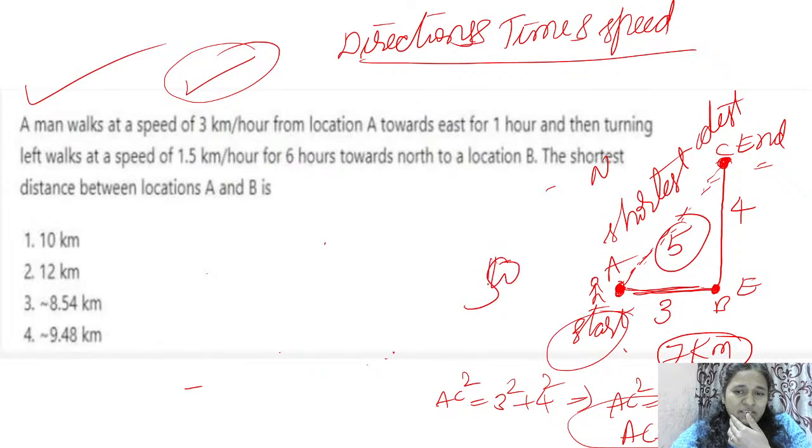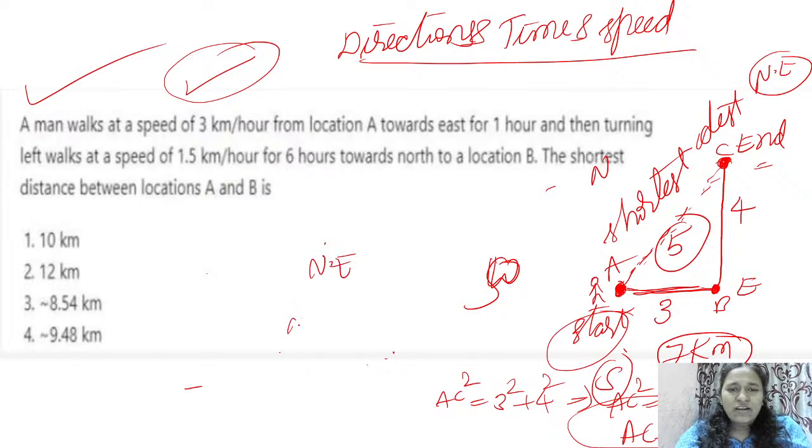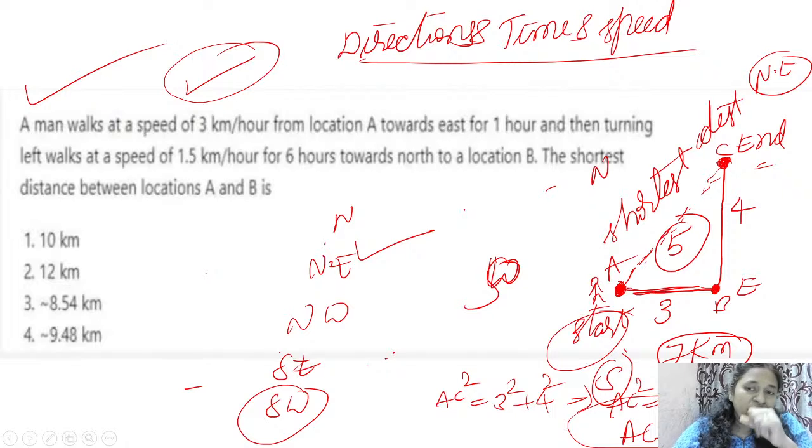In the answer they will give options like northeast, northwest, southeast, southwest. We have to find in which direction he is from his starting position.